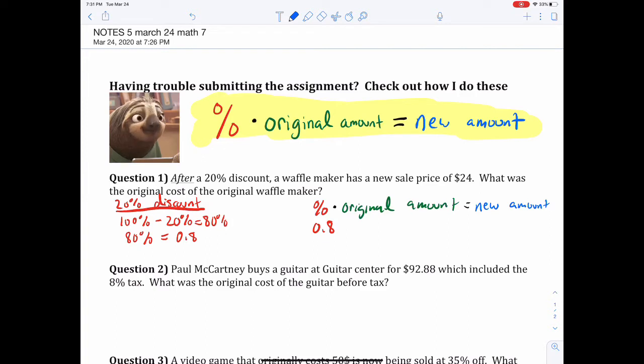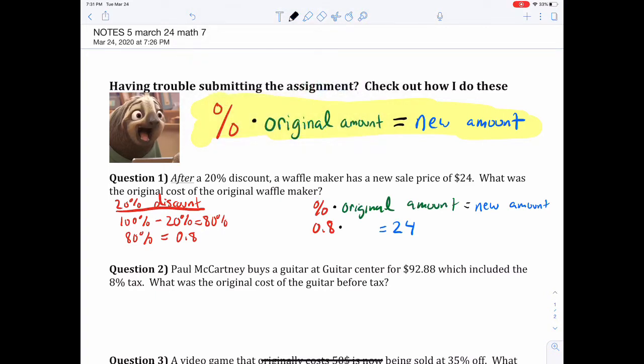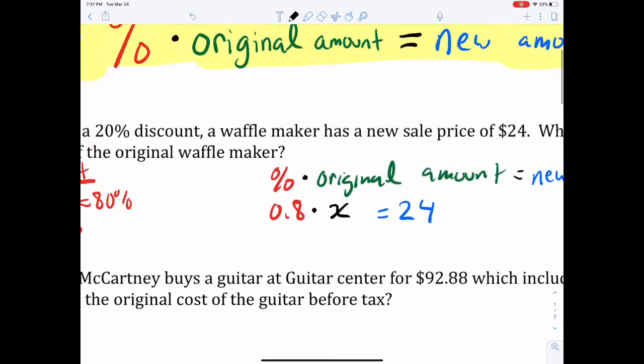If we look at the question, it says a waffle maker has a new sale price of 24. So I'm going to put that over here, equals 24. And then what goes in the middle is the original amount. Now, do we know what the original amount is? Of course not. We're trying to figure that out. So if we don't know what it is, we're going to make that x. We just plugged in numbers into our equation, and now we have an equation to solve.